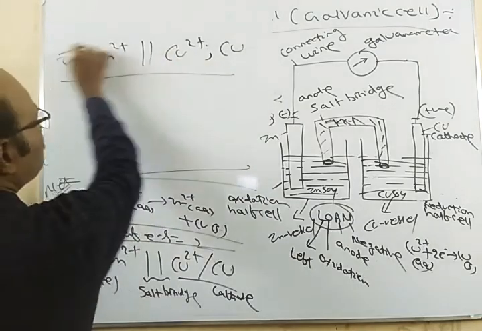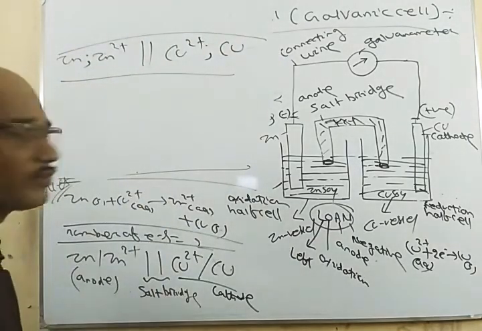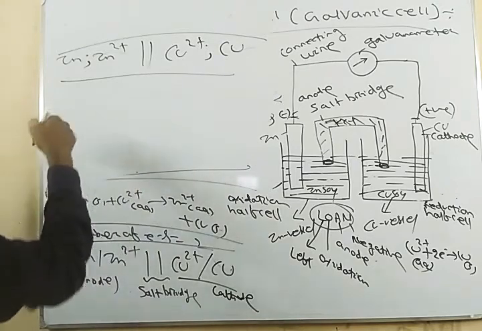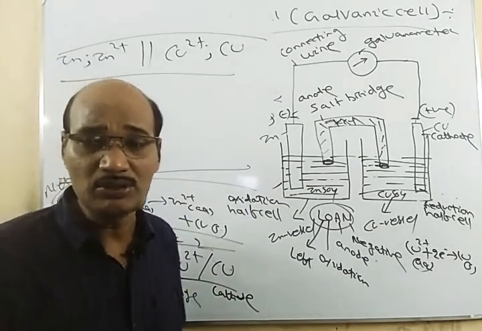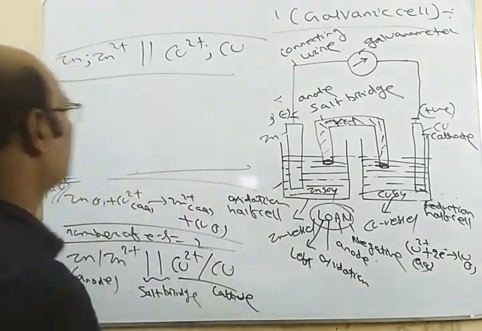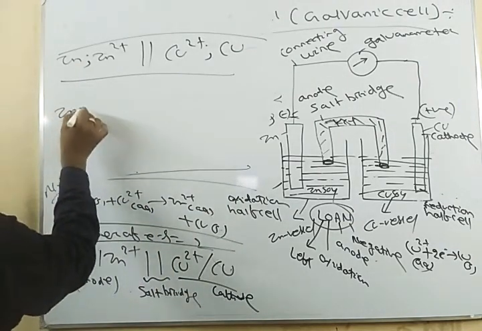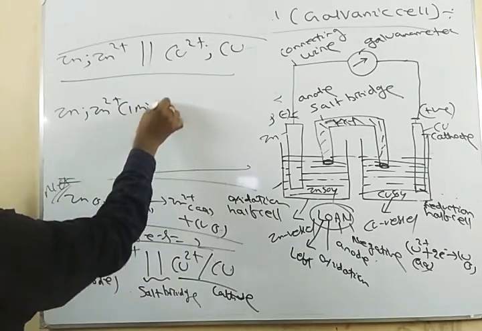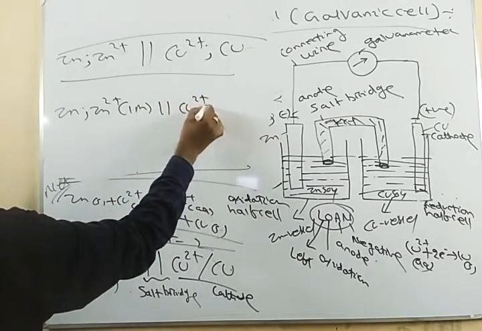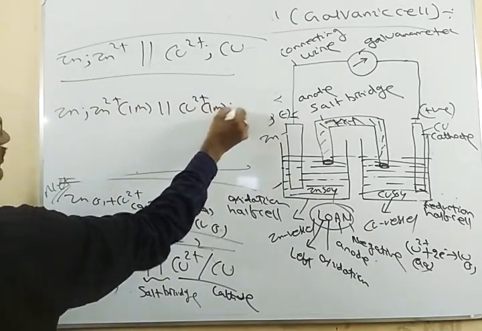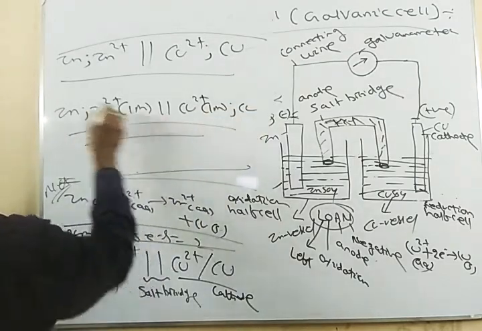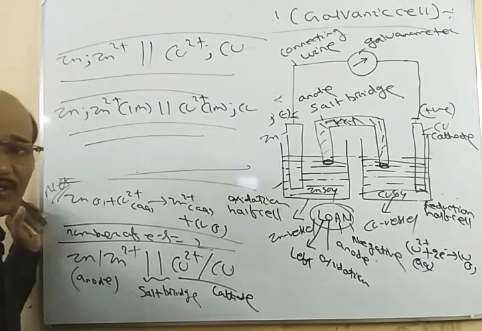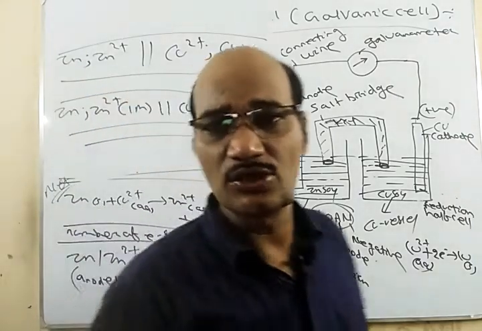This also represents the cell. We can also represent it like this if concentrations are given: Zn | Zn2+ (1 M) || Cu2+ (1 M) | Cu. These are different ways of representing electrochemical cells.